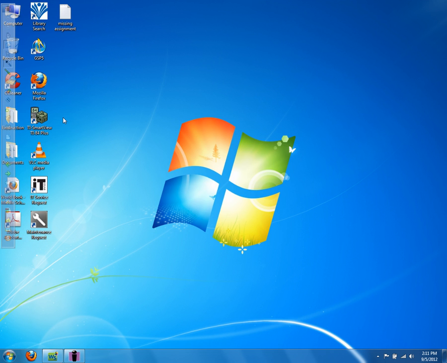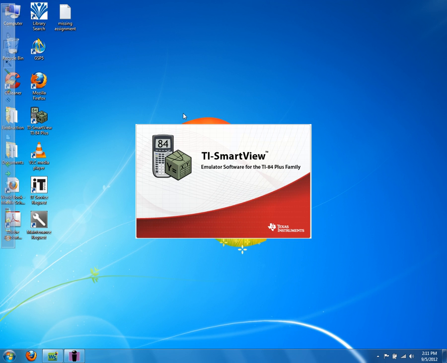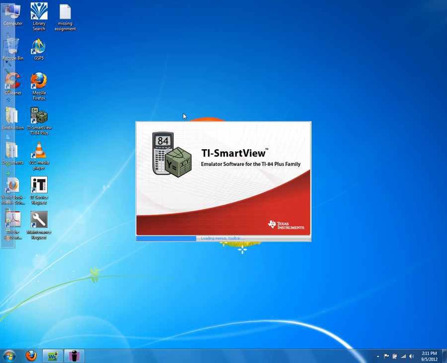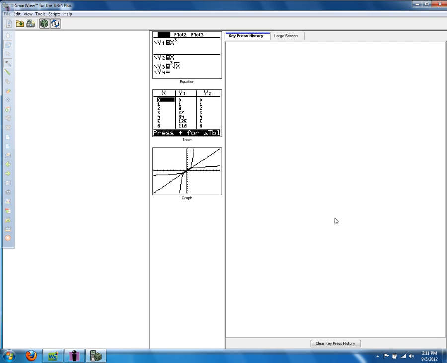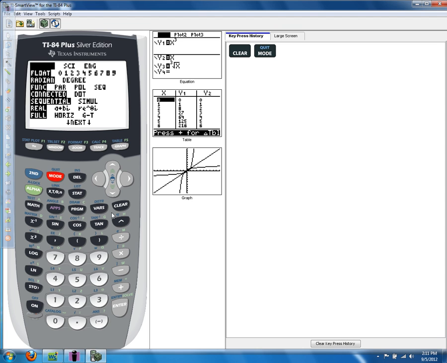So on your calculator, as soon as this comes up, to change from degree to radian, you're just going to go to mode here.